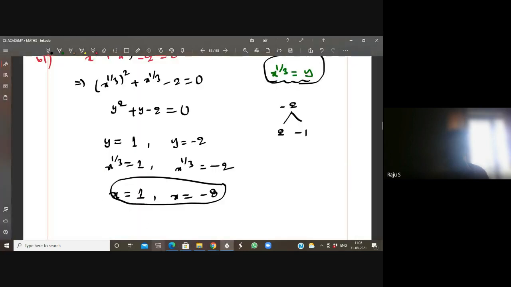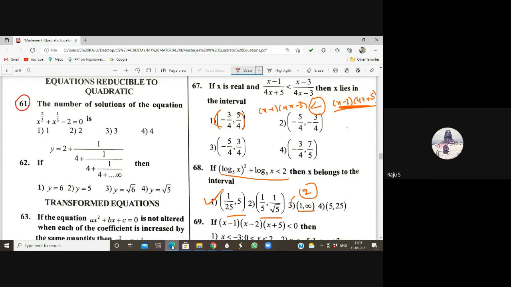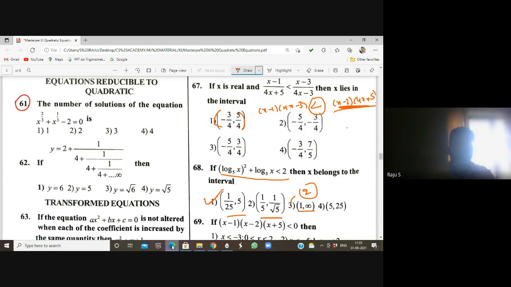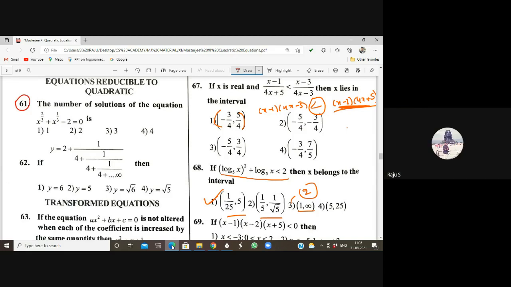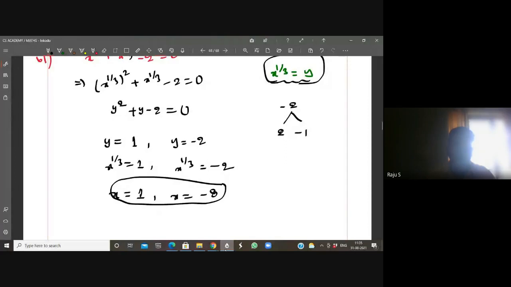See, the question is the number of solutions for the equation. How many solutions are there? For a quadratic equation, we get only two solutions, either two solutions or one solution. 1 and minus 8 are the real solutions.